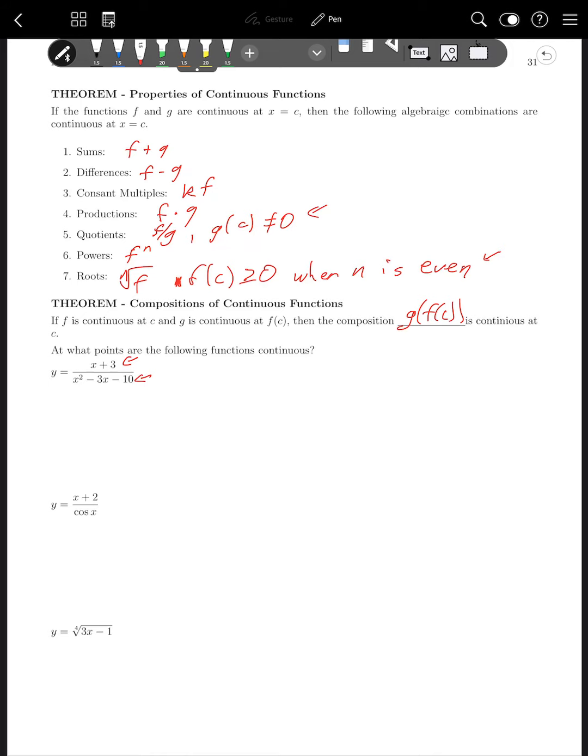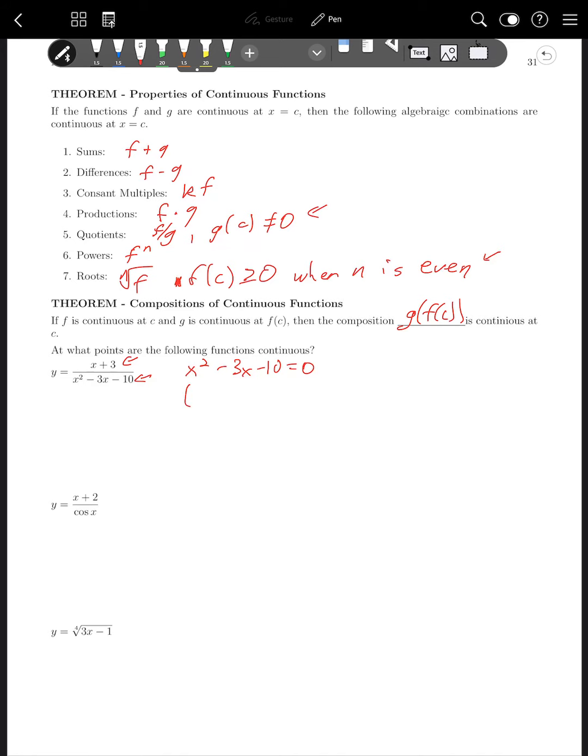Those are both going to be continuous functions. There aren't any gaps in functions that look like that. So that means this thing should be continuous everywhere except when we run into this caveat for division, except when the denominator is equal to 0. So we want to ask what happens when the denominator is equal to 0, and then solve that, and that'll tell us where this thing is discontinuous, and so everywhere else it'll be continuous.